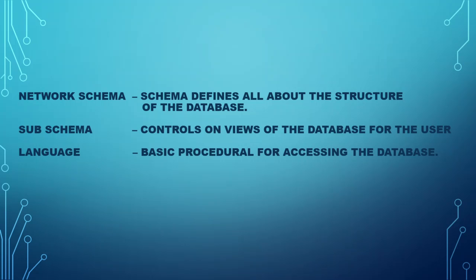Network schema is giving us the information about the structure of the database, how the database is framed, how it looks, how the members of the database are connected. All that information is given by the network schema. Subschema is used for controlling the views of the database for the user.